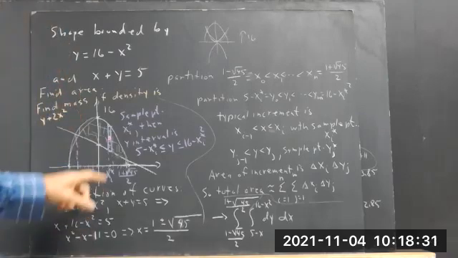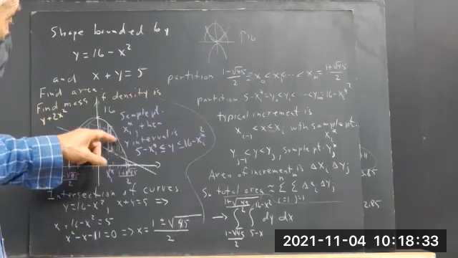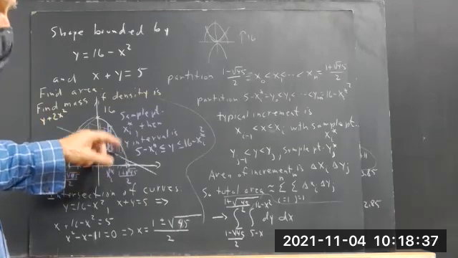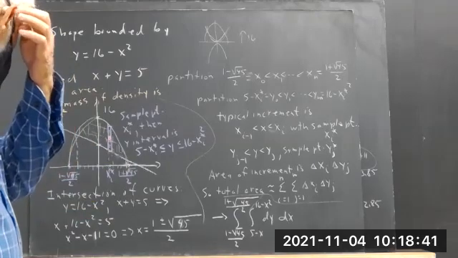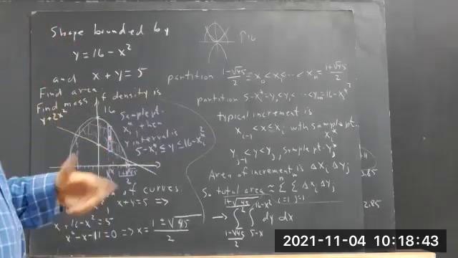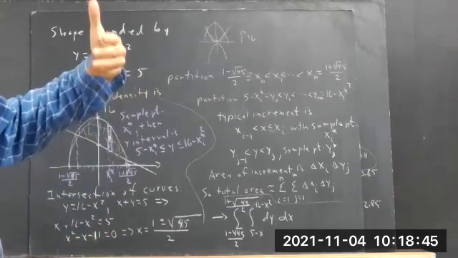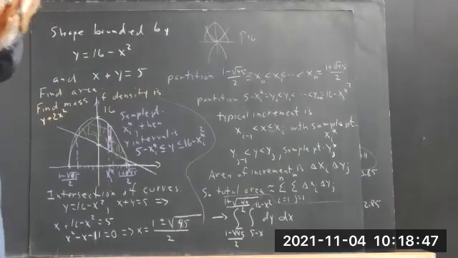Because of course, out here the y value doesn't go all that high. The closer you get out here, the more restricted the value of y is. The lower the upper bound is on the density.